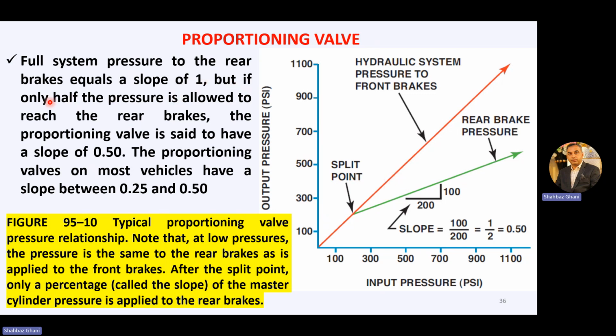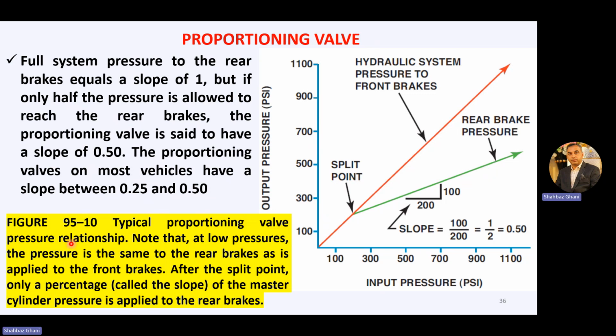But if only half the pressure is allowed to reach the rear brakes, the proportioning valve is said to have a slope of 0.5. So the proportioning valve on most vehicles has a slope between 0.25 and 0.5. This is the range in which the proportioning valve maintains the pressure in the rear brakes.